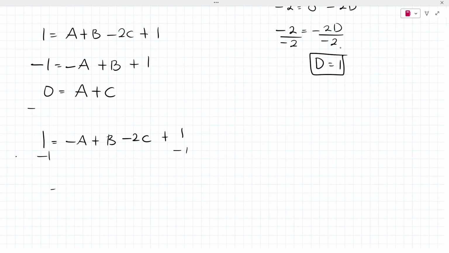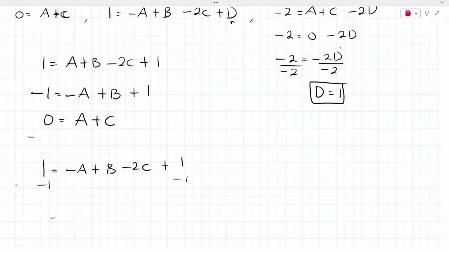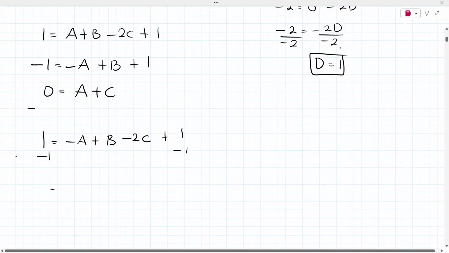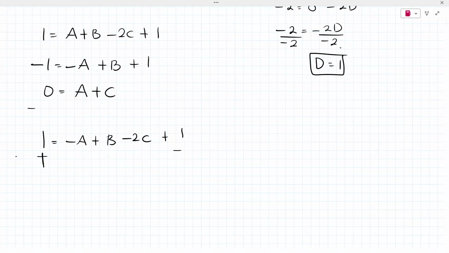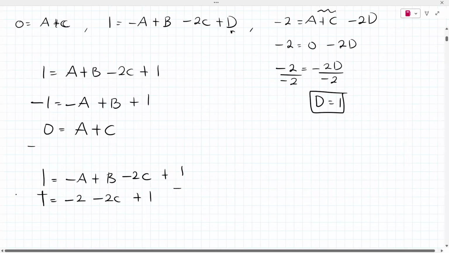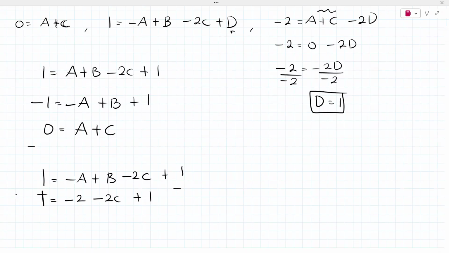Wait, no. We know that a plus c equals 0, and so then this is going to be 1 equals -2 minus 2c plus 1. And then this will now become -1 equals a plus b plus 1.